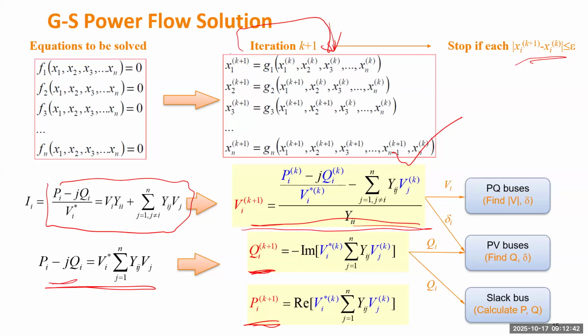Then depending on which type of bus you are going to calculate, you can use the first equation to give you the voltage magnitude and angle for any PQ bus, just the angle only for a PV bus. For a PV bus, you also need Q from the second equation. And similarly for the slack bus, you also need Q. And finally, the third equation will give you the P value for the slack bus.